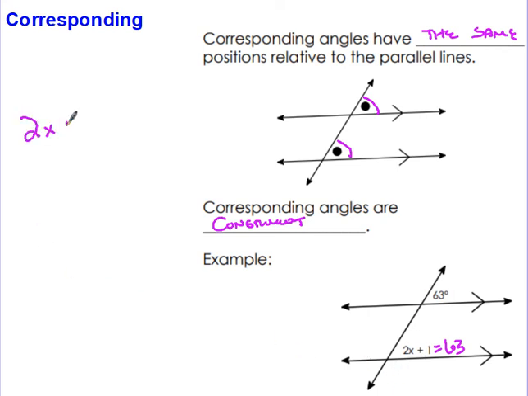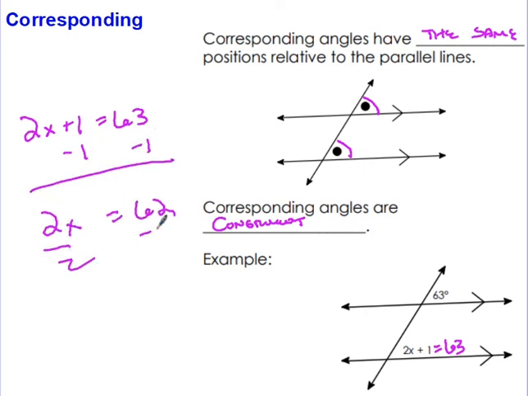That's my equation to solve for x. So I have 2x plus 1 equals 63, and then I can solve. Divided by 2, I'll get x equals 31. Again, I just want to remind you, this does not mean that the angle measurement is 31 degrees. The angle measurement is 63 degrees. But if I plug in 31 for x, that's going to get me to 63 degrees.